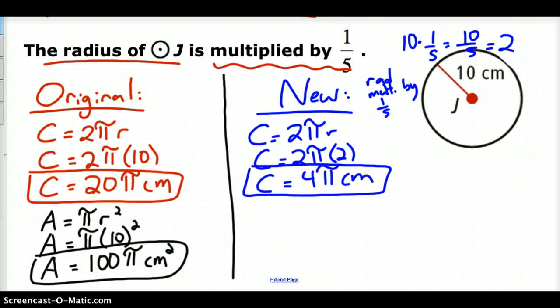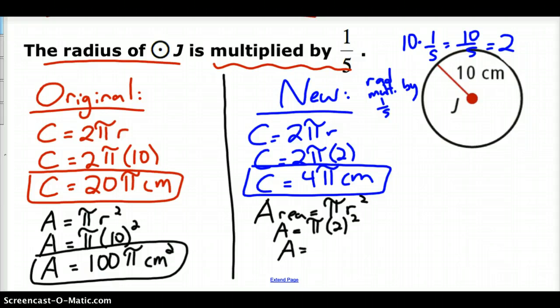Let's see what now happens to our area. Our area is still equal to pi times radius squared. So our area will be pi times 2 squared, which is 4 pi square centimeters.